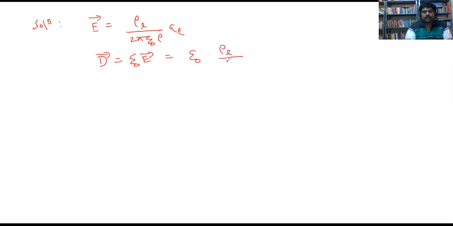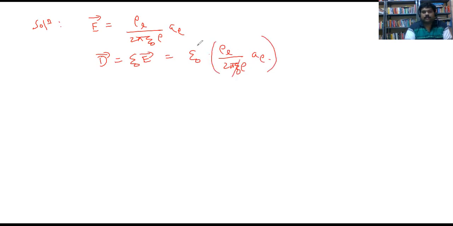So how do we find it? We know that electric field intensity E is rho L by 2 pi epsilon naught rho into a rho, if you take it as a vector. Now I want to find D. So D equals epsilon naught E, which equals epsilon naught into rho L by 2 pi epsilon naught rho into a rho.